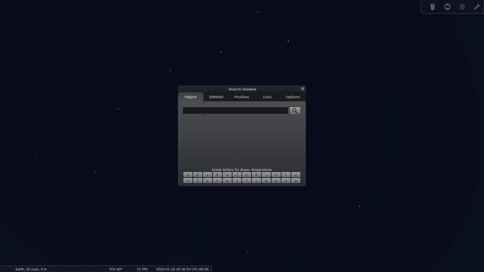Okay, there are plenty of deep sky objects in Cassiopeia, so let's start with two Messier objects. We have two open clusters, M52 and M105. So let's start with M52.